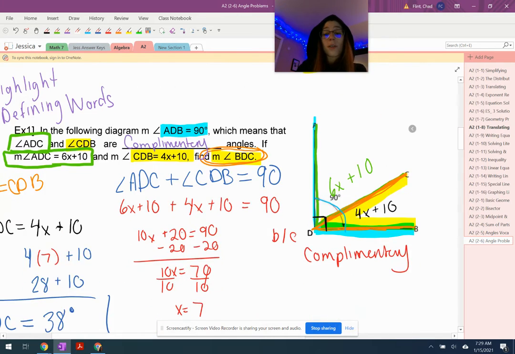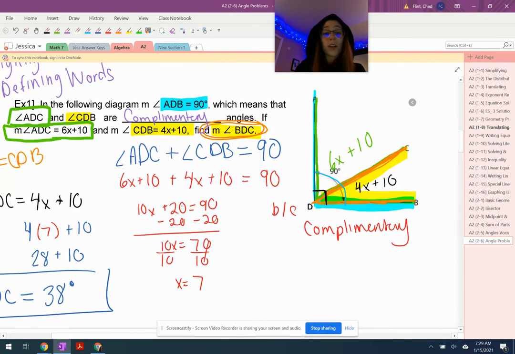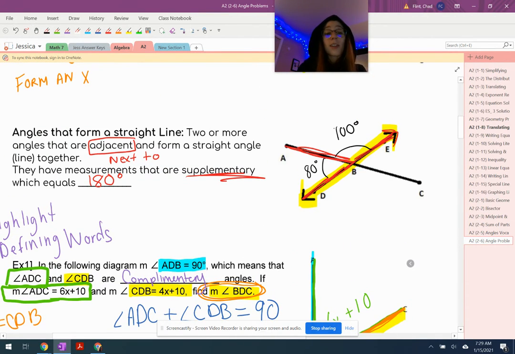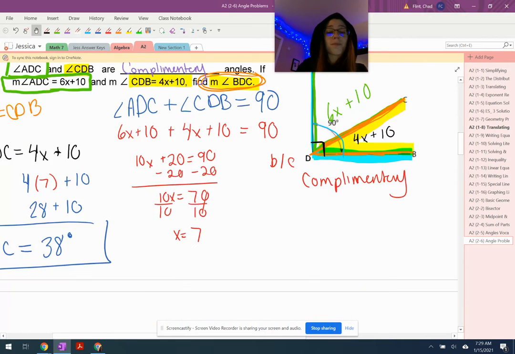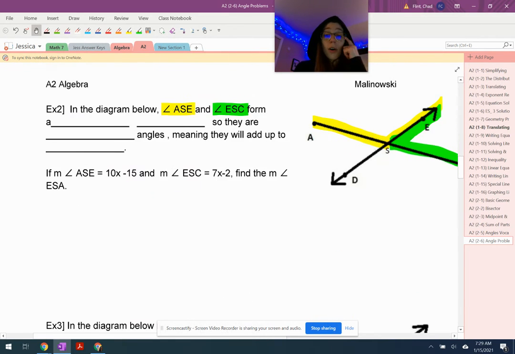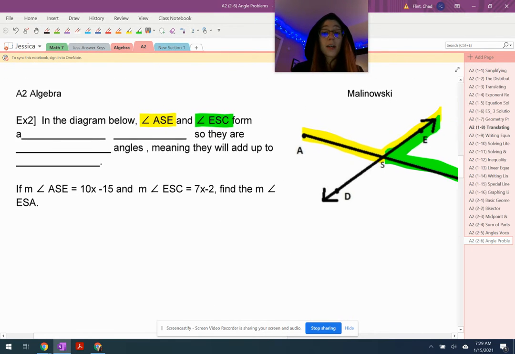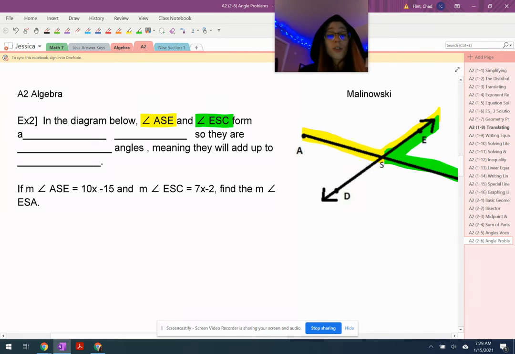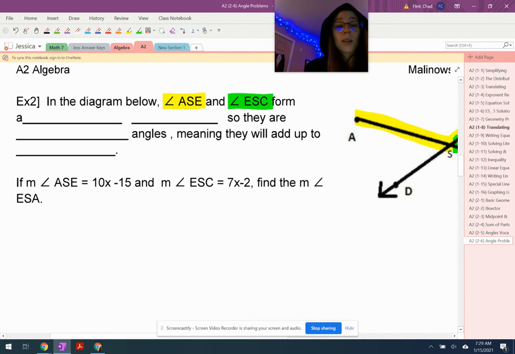Those two angles, when I put them together, do form that straight line like we talked about, meaning they're supplementary. So they form a straight line. So they are supplementary.